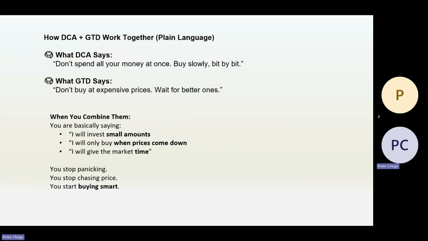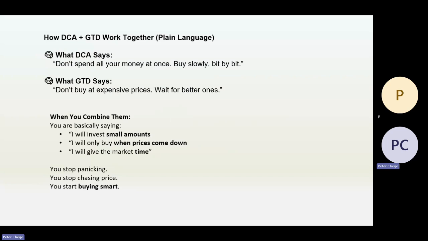So how then do DCA and GTD work together? DCA, dollar cost averaging, we said we are trying to lower cost by spreading buys over time and buying at lower prices every time. Then GTD is good till date. So what DCA says: don't spend all your money at once. Buy slow, bit by bit, at lower prices, because you are trying to average your cost down.